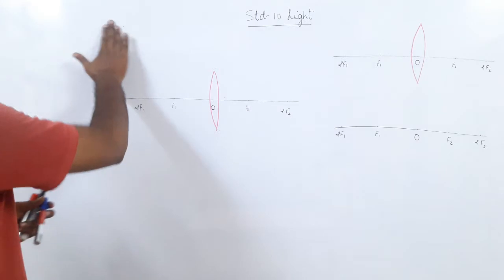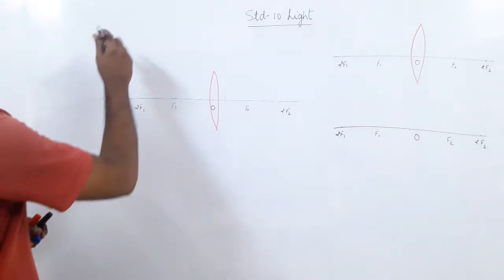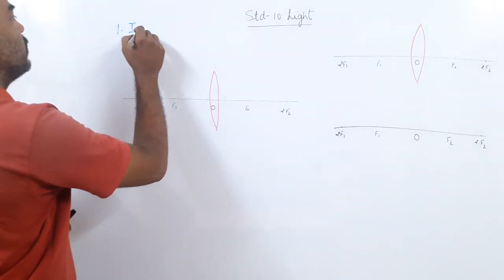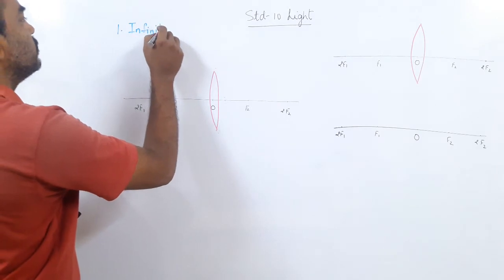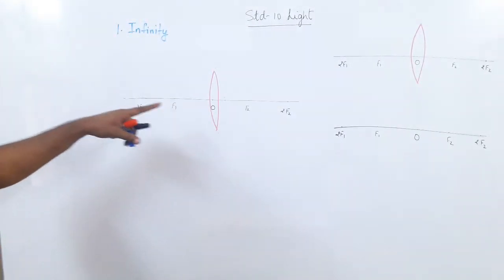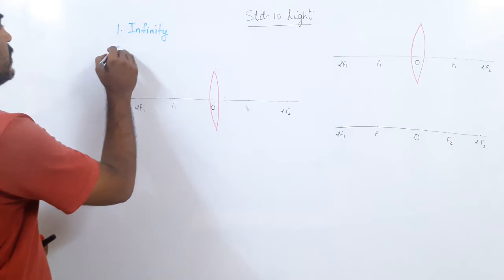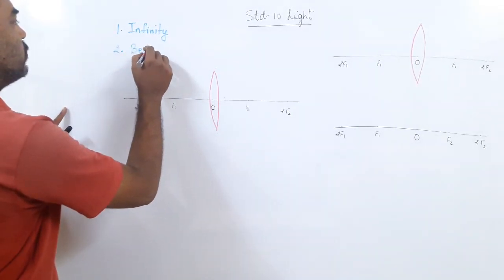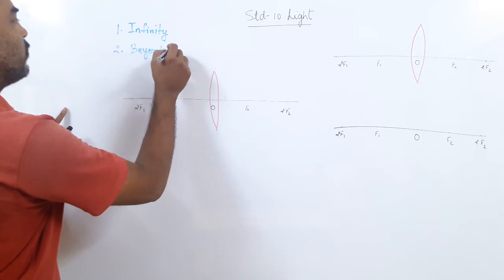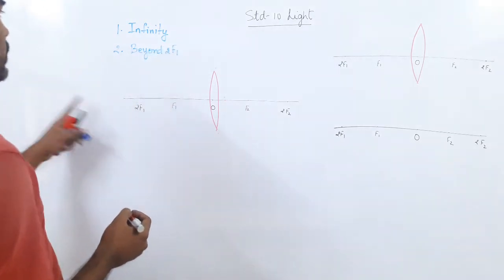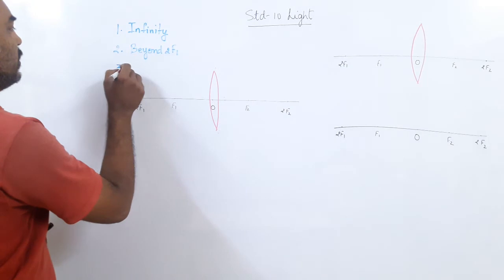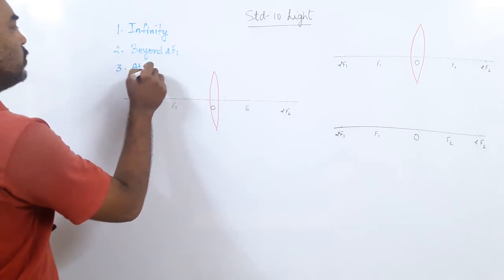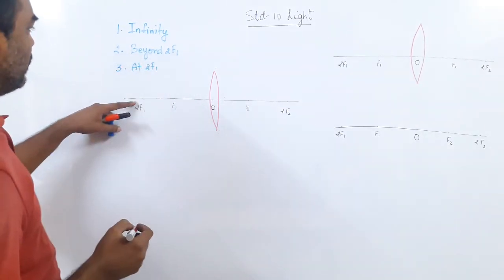Okay, so now we begin the cases. What is case number 1? The object is at infinity. Case number 1, the object will be at infinity. Case number 2, it will be beyond 2f1. Beyond 2f1, somewhere behind it. Case number 3, it will be at 2f1, exactly here.